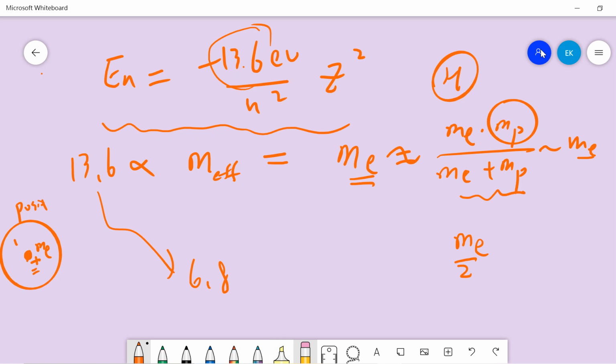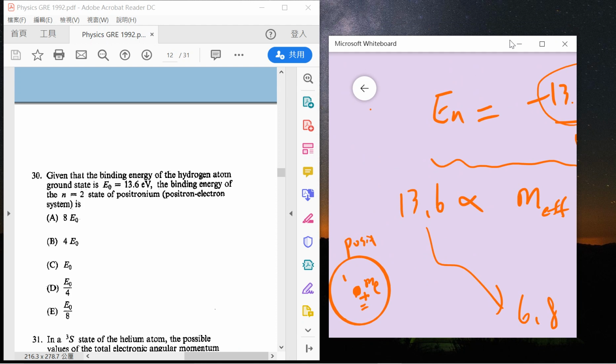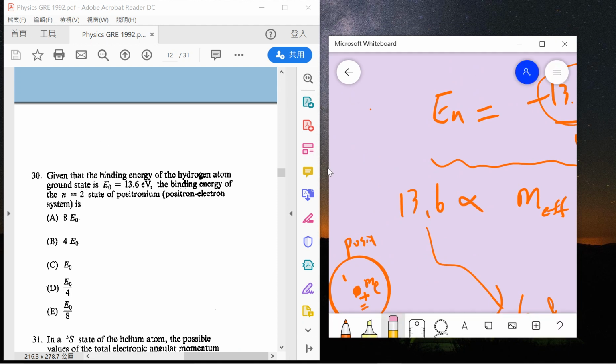So E_n in positronium will be half that of the original hydrogen atom. So basically, you should remember this. Then it's easy, because E naught is this one. So positronium has E naught divided by 2, and also n equals 2, so there is a 2 squared here. So it's E naught over 8.